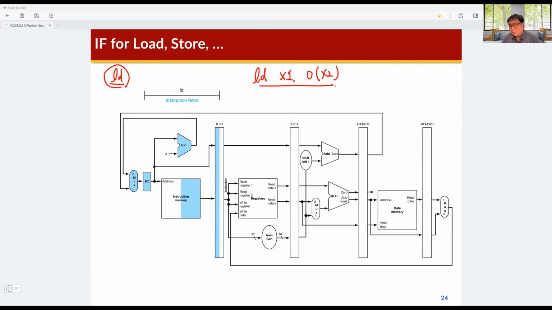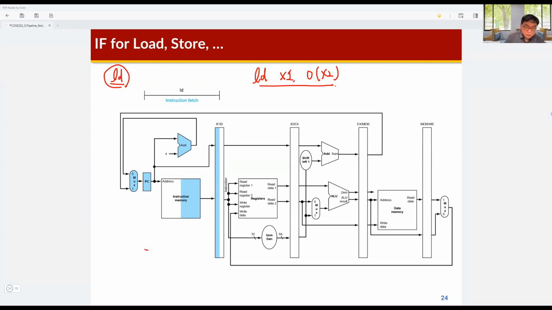Actually, it's simple. It's very similar to the operation of the single cycle processor, because the operation of the pipeline processor is like splitting the steps of a single cycle processor.